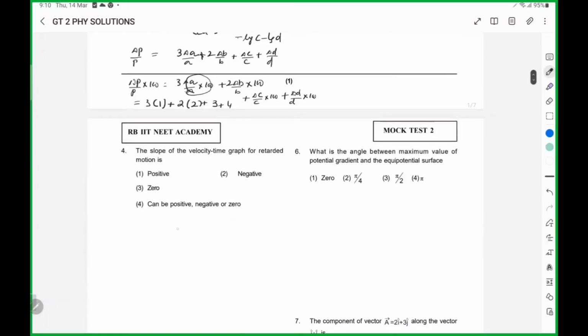The slope of a velocity time graph. So here, in the velocity time graph, tan theta is v by t.